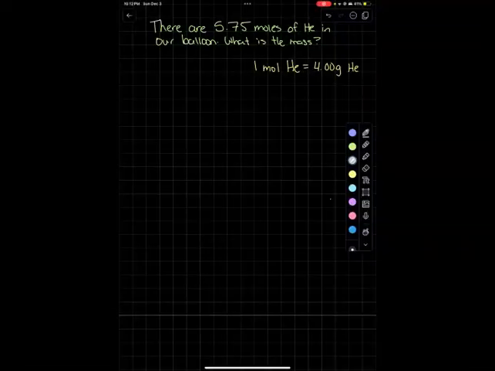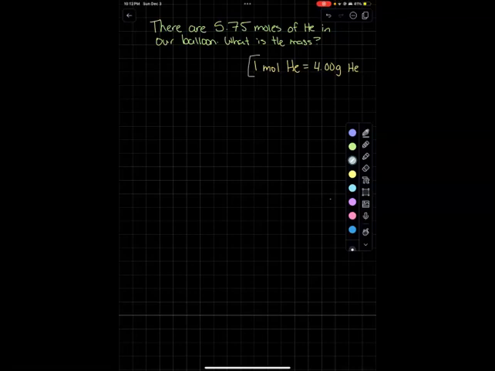Alright, in this video, I am going to actually record it the right direction, so I hope it's easier to watch. And we're going back to our balloon problem. We still have our 5.75 moles of helium, but we want to find the mass. We're going to use this fact that I pulled from the periodic table, where 1 mole of helium is equivalent to 4 grams of helium. I just had to pull it from the periodic table because the masses that are listed there are the masses per mole.